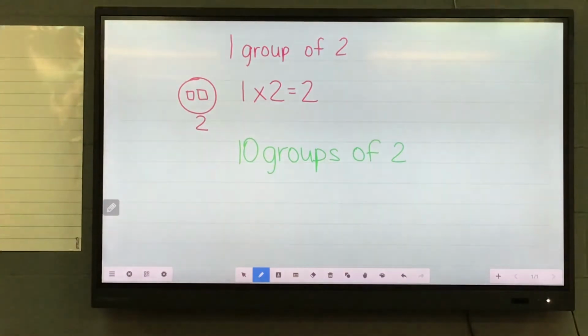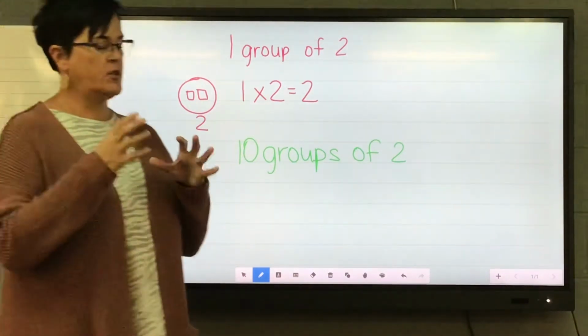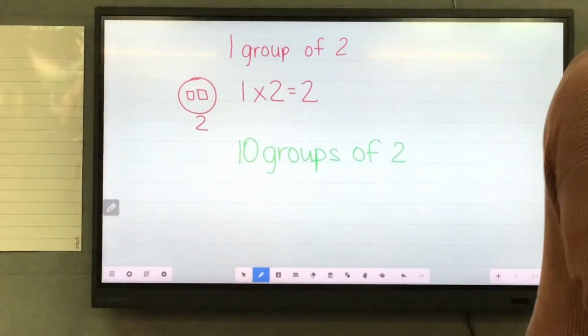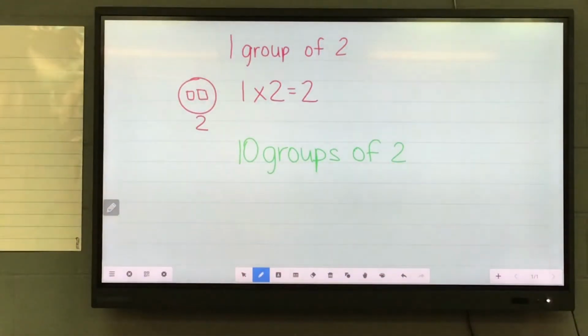So show me that using your tiles. Those of you at home, if you don't have enough of something to make this, you can use your dry erase board and just draw it out.